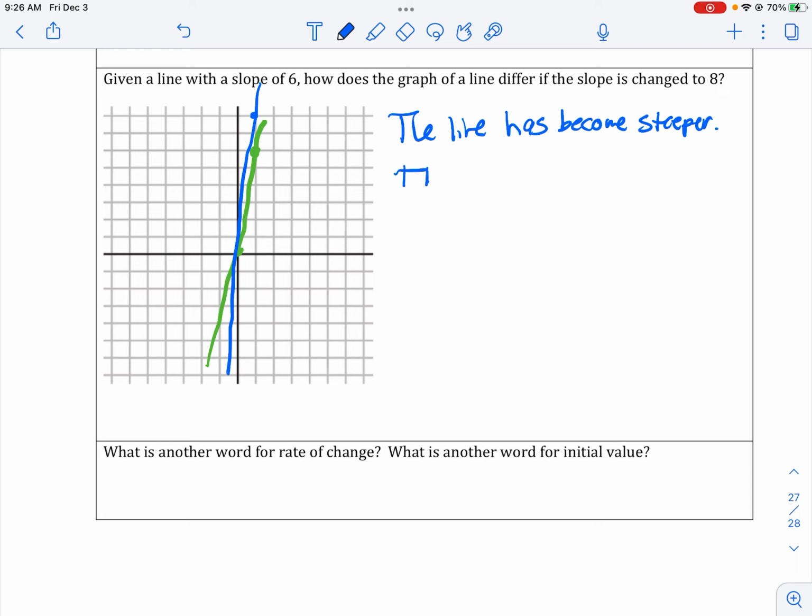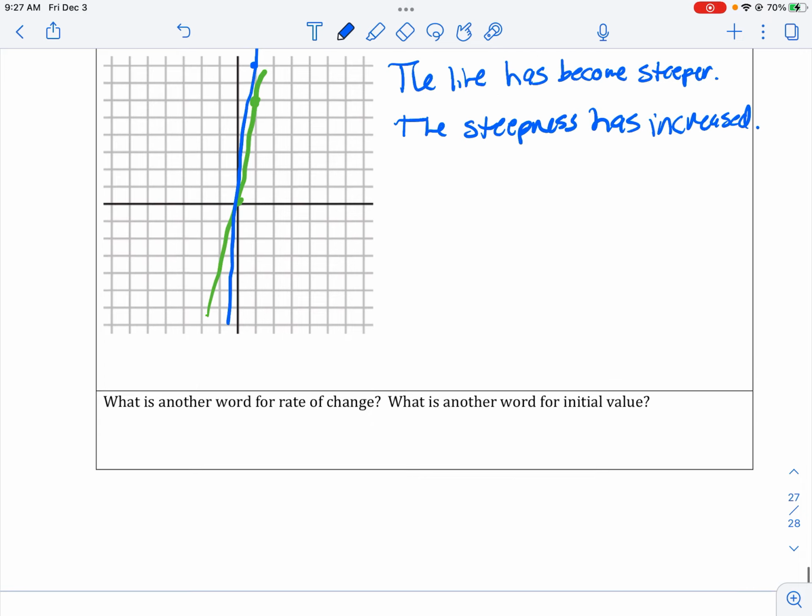The steepness has increased. So since I went from 6 up to 8, that means the steepness of the line has increased.